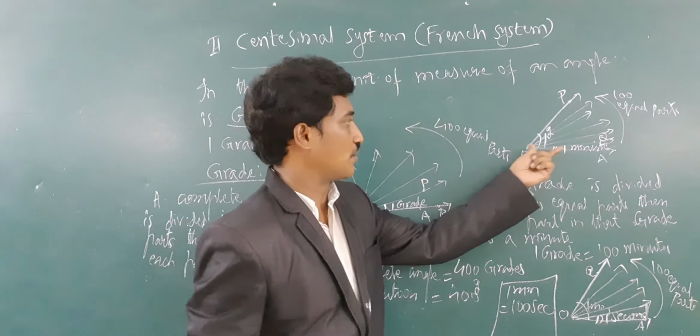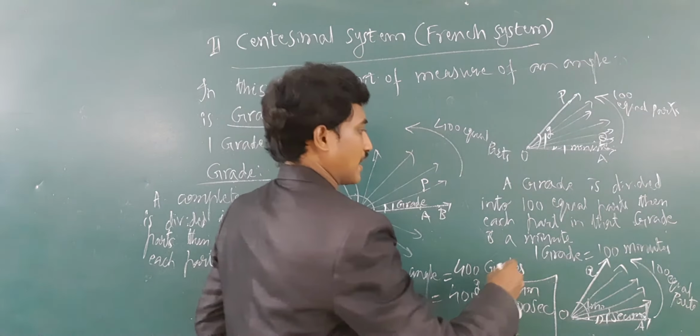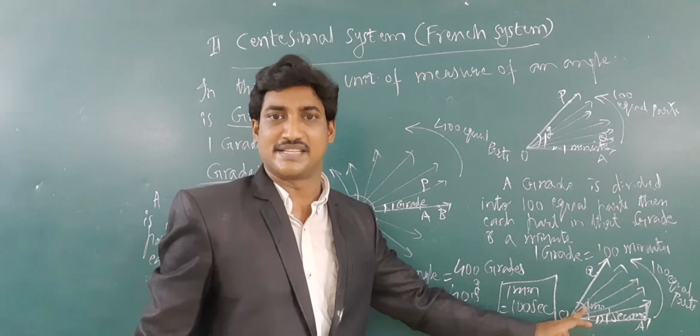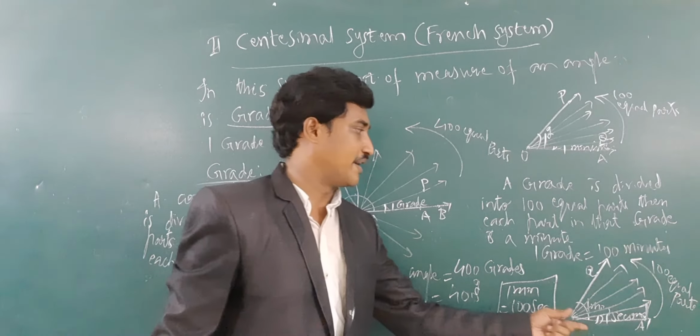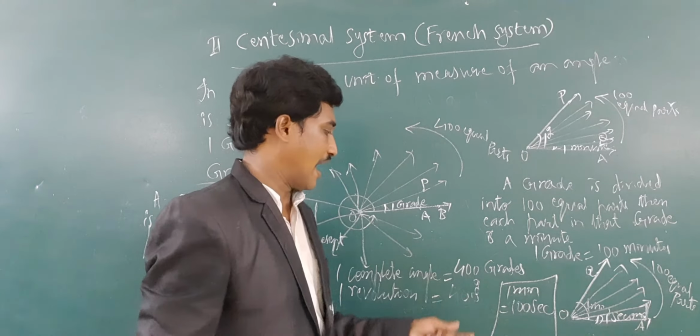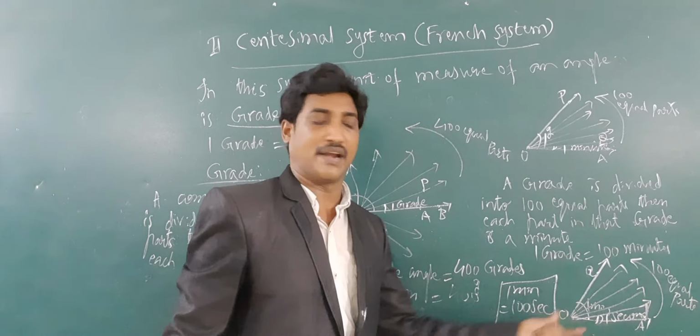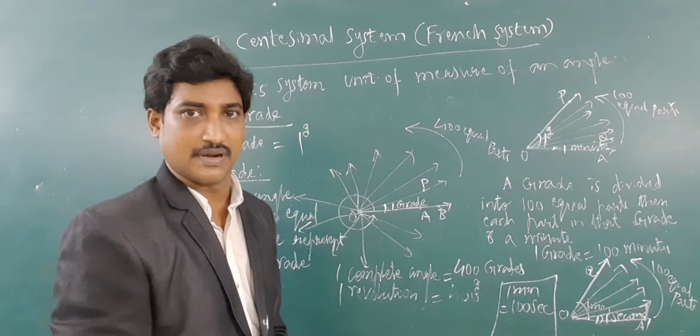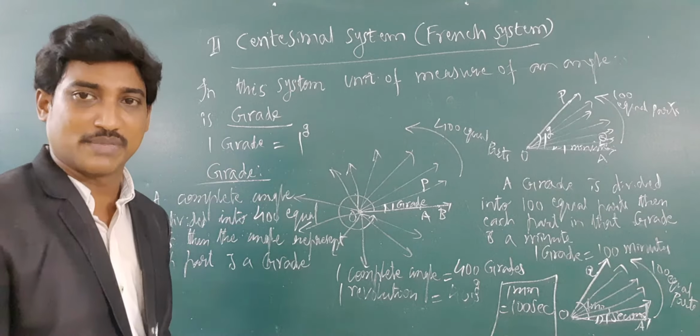One grade is equal to 100 minutes. Again, a minute in centesimal system is divided into 100 equal parts, and each part is called a second, so that 1 minute is equal to 100 seconds. It is about centesimal system.